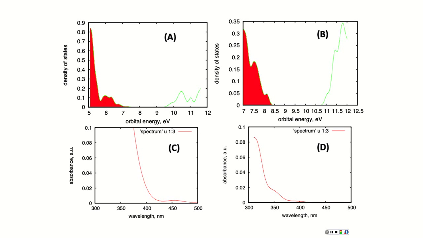So iodine instead of chlorine, or bromine instead of chlorine, for instance, decreases the band gap, but that wouldn't make sense here. I am not sure what would cause that.